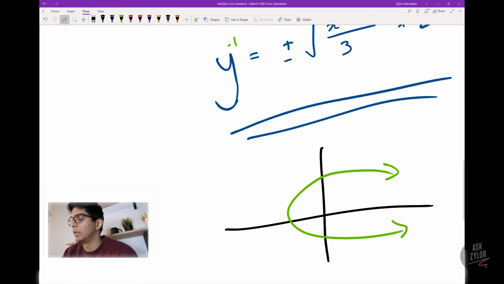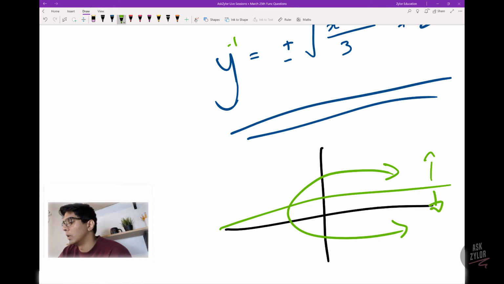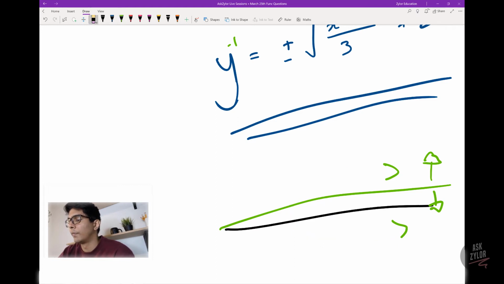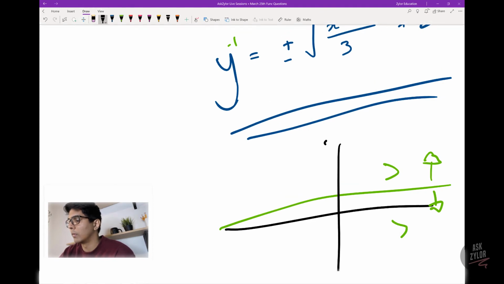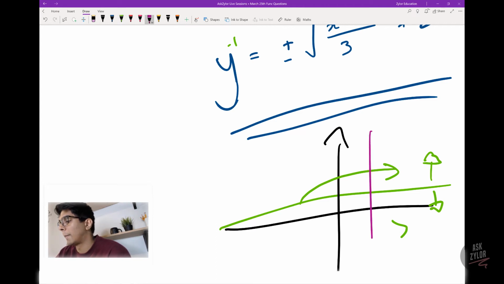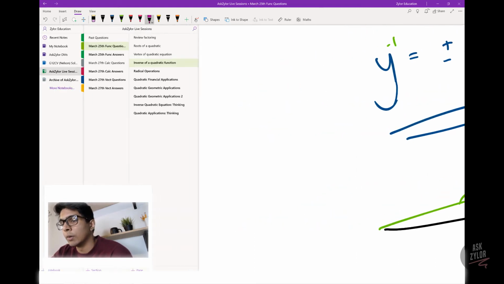If it's positive, I'm picking the top side of this function. If it's negative, I'm picking the bottom side of this function, and only the bottom side. That means it will pass my vertical line test. So we're going to go ahead and go to the next question.